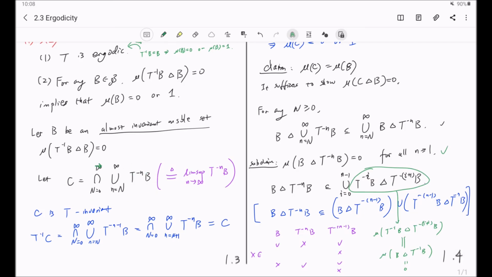It shouldn't be too hard to see how to choose that sequence just from the definition of C. Here's how you're going to choose it. We're going to take this part, the union from n equal to n to infinity. And if you take the infinite intersection, you get C back. That is how this guy approximates C.